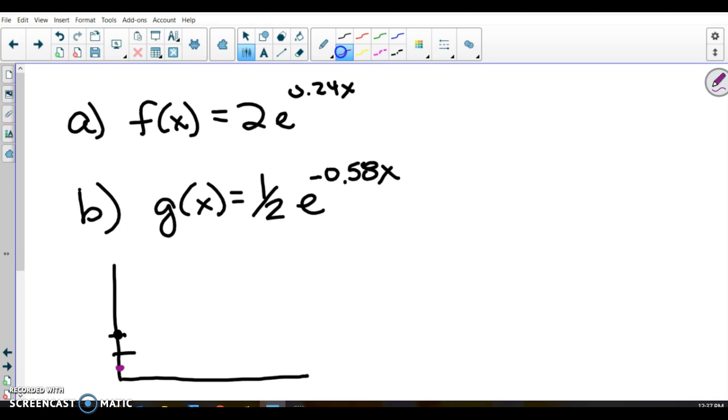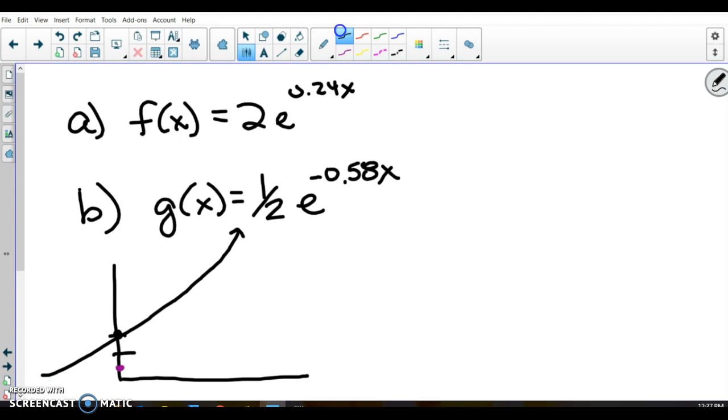Now in f of x, we have a positive exponent, and so we should see our function increasing or growing from left to right, or negative infinity to positive infinity.